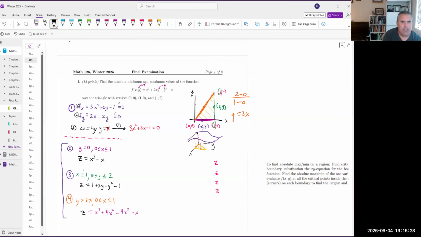Oh, does that factor nicely? It must, or why would this be on a final? So I'm going to guess that it factors. And let's see, do we want minus 2 and plus 1? No. This should be minus 1.